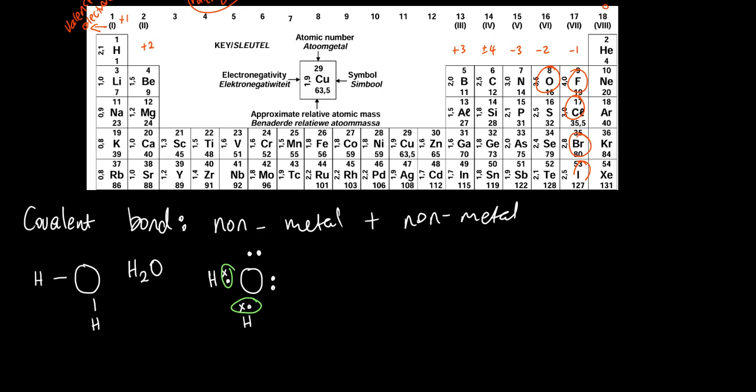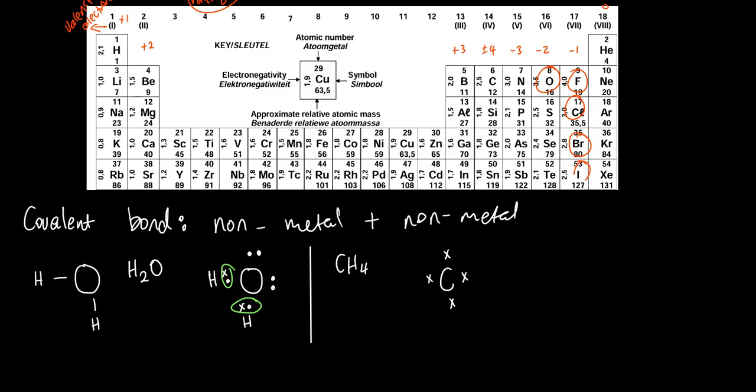Right, next one. What about CH4? How do we show the Lewis structure for CH4? Let's remember that carbon has 4 valence electrons: 1, 2, 3, 4. Then it's bonded to 4 hydrogens.